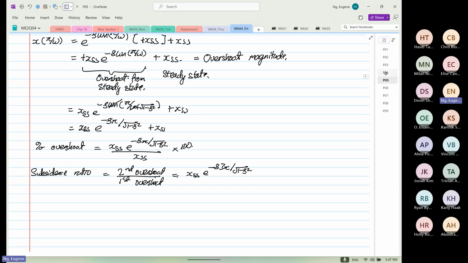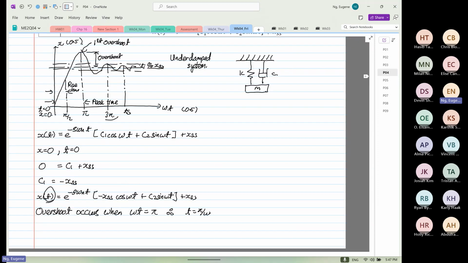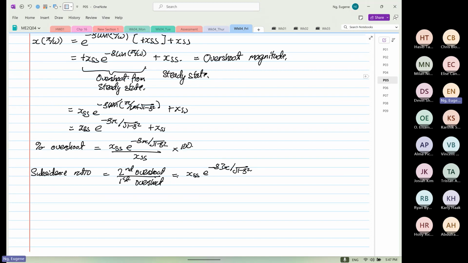Why 3 pi? Because when you sketch this, it is 3 pi. No rocket science. And then divide by XSS e^(-zeta pi over square root of 1 minus zeta squared), since the first overshoot is pi. Cancel, cancel. And then this will be equal to e^(-zeta 2 pi over square root of 1 minus zeta squared).